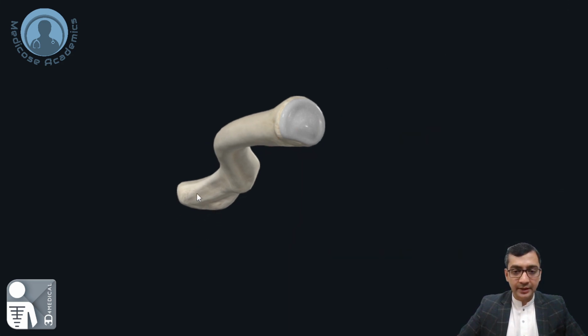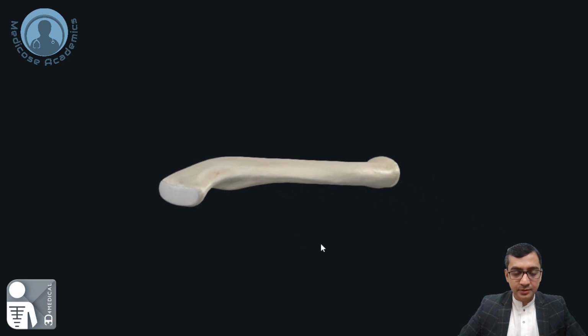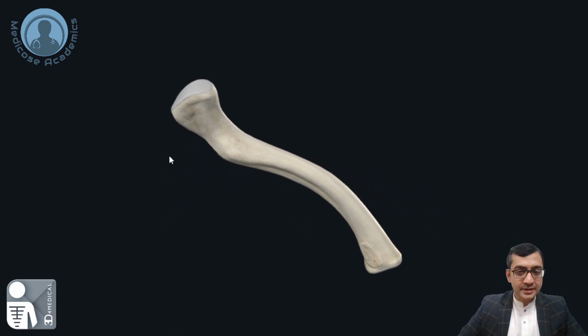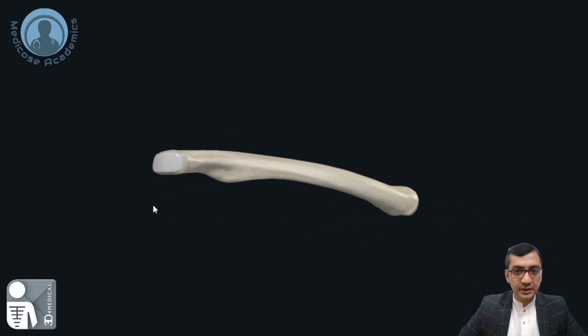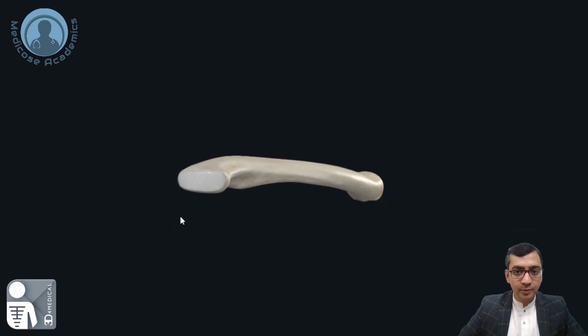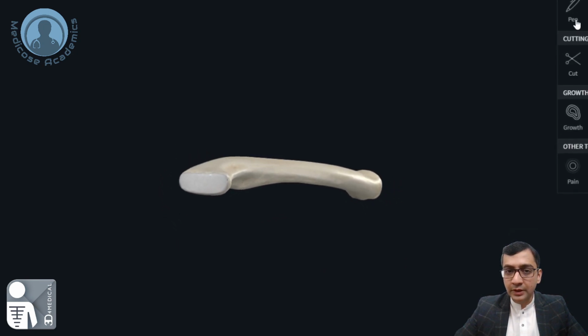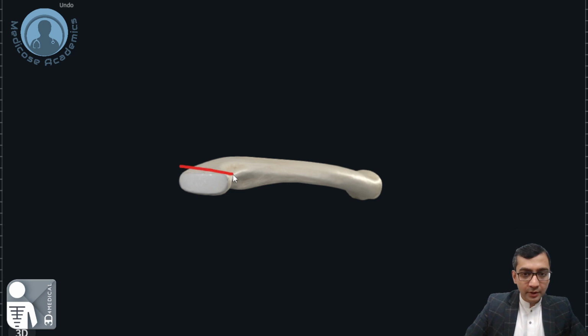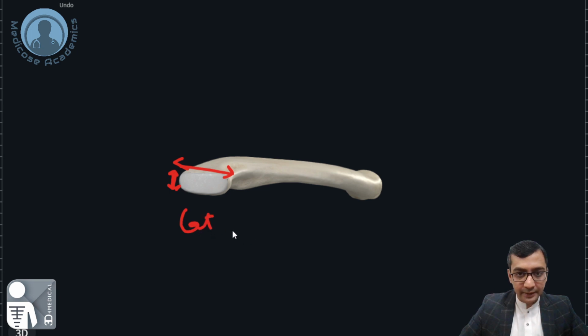Let us look at the other side. This is relatively flattened from above downwards, so it has more length in the horizontal direction than in the vertical direction. This is the lateral end. It is the acromial end.